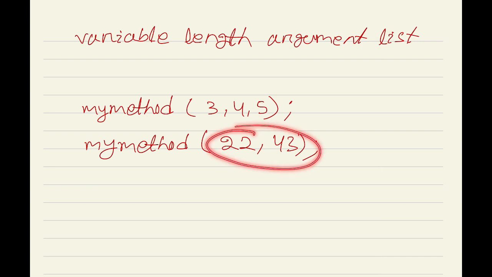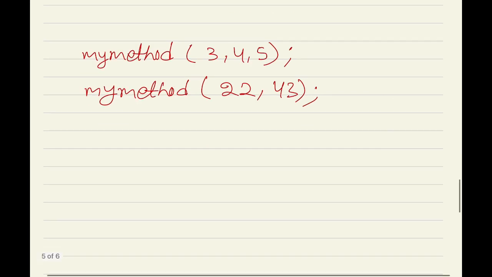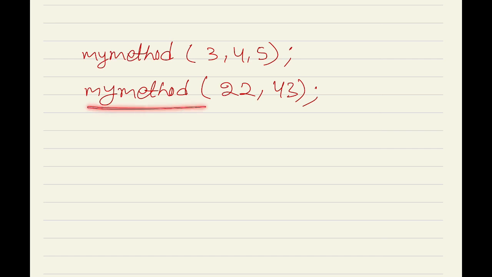Here we are passing 2 arguments, here we are passing 3 arguments. Now how to write the definition of my method so that it can accept a variable number of arguments?